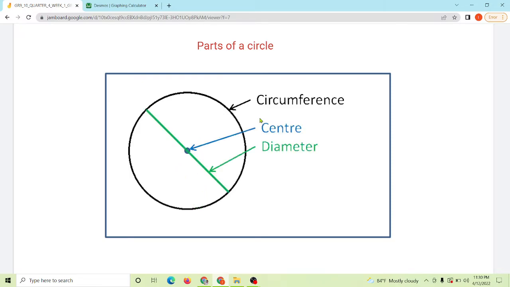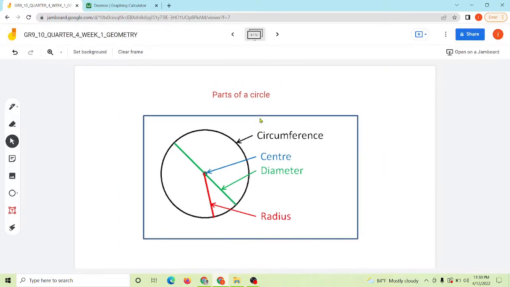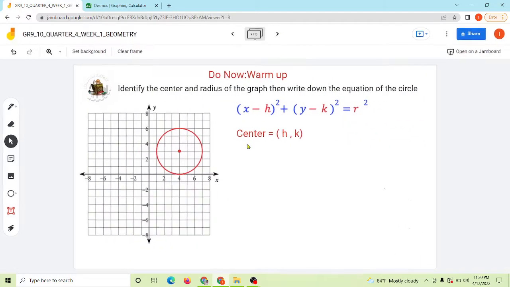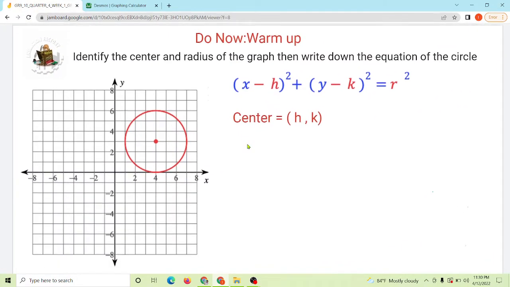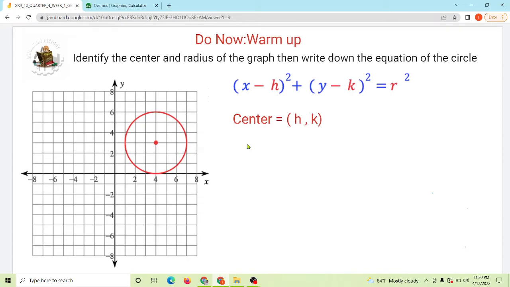All right, so now that you're familiar with the parts of a circle, let's get into it. So you know the standard form of a circle is (x minus h) all squared plus (y minus k) all squared is equal to r squared, right there.